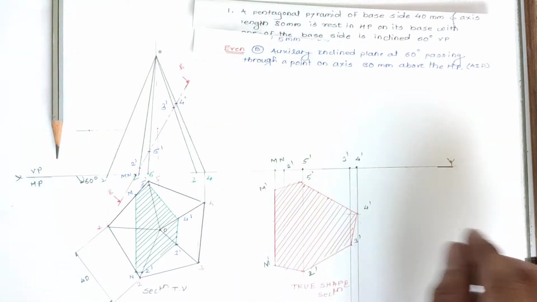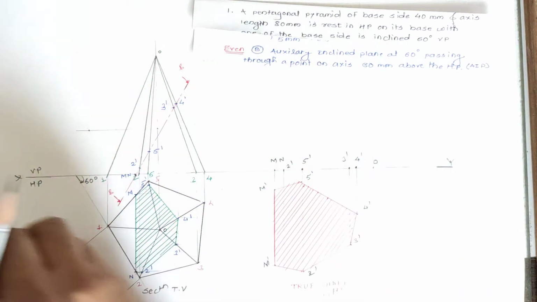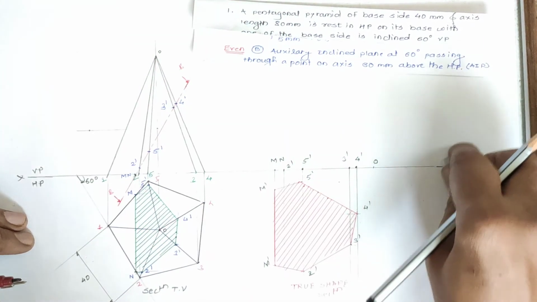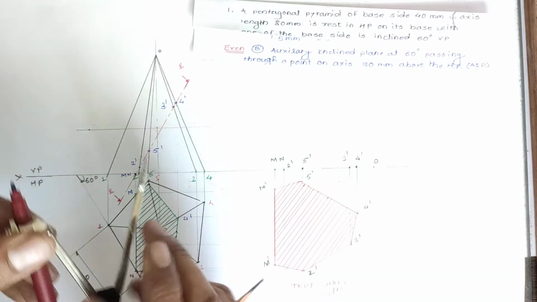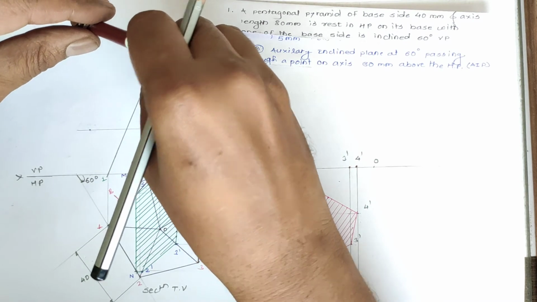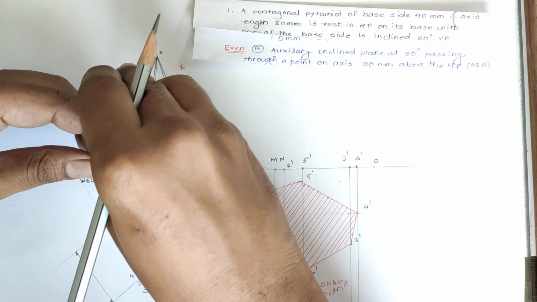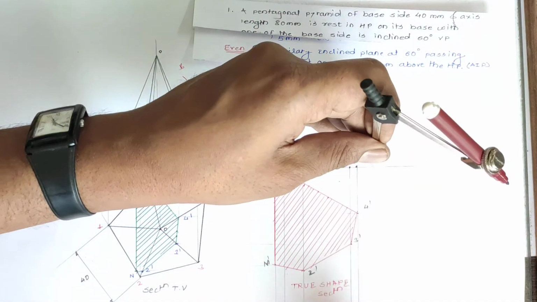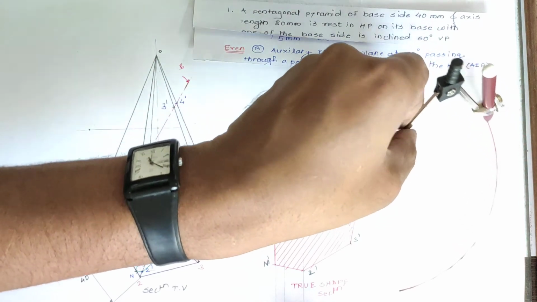Take the point O, mark the point O. Take the distance from O to 1. Same procedure as the last problem. Draw the arc.